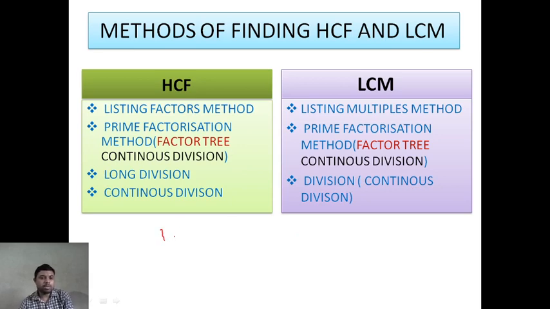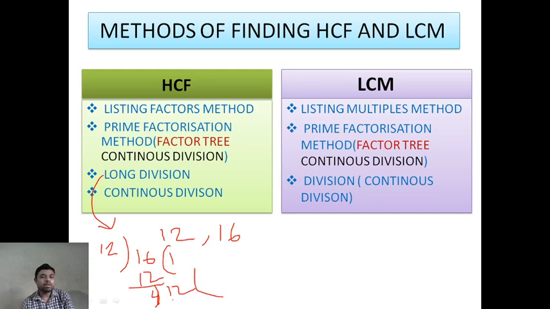Suppose you are finding the HCF of 12 and 16. Okay, so what is long division? Long division is this, like 12 and here 16. This is the long division. Next, what will it be? So you have 12 and here 4 and here 1, and again this 12 will be the dividend.